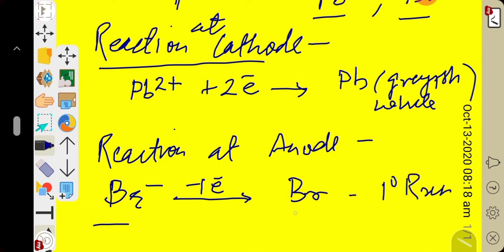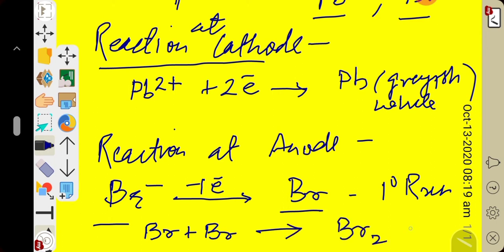Now Br, we all know, cannot exist independently. That's why it always exists in diatomic form. So in another step, Br will combine with another Br to form a Br2 molecule. This is called the secondary reaction.